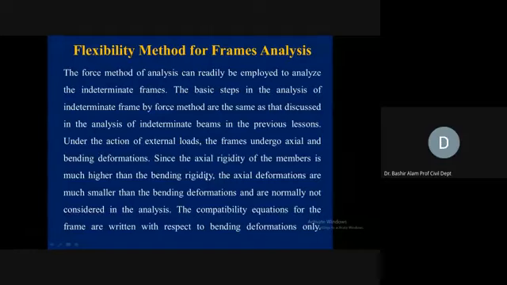Why? Because those are negligible. Only the bending deformations we will be considering here in this course. The compatibility equations for the frame are written with respect to bending deformations only. So only bending deformations will be involved to write these compatibility equations. Axial will be ignored, and again the reason is those are negligible.